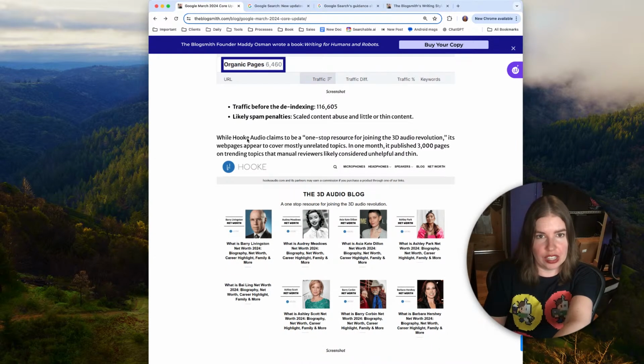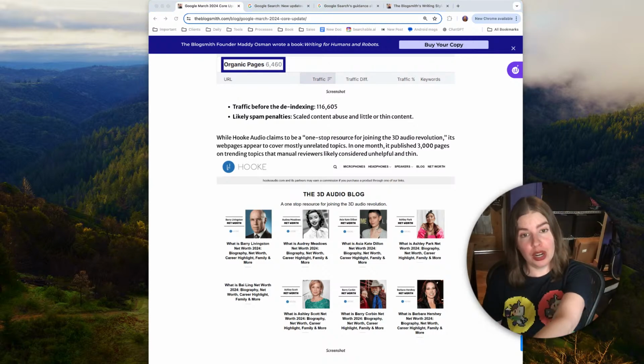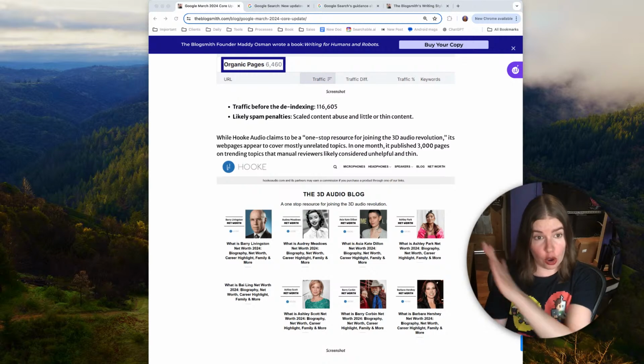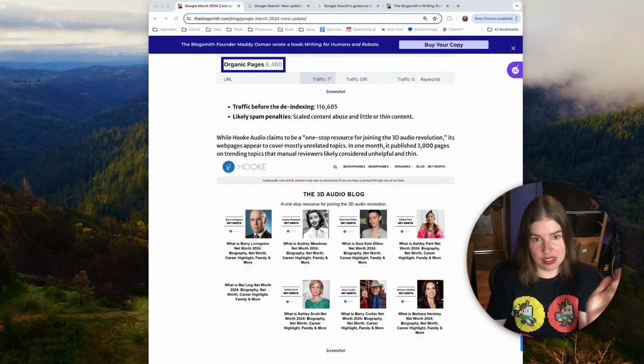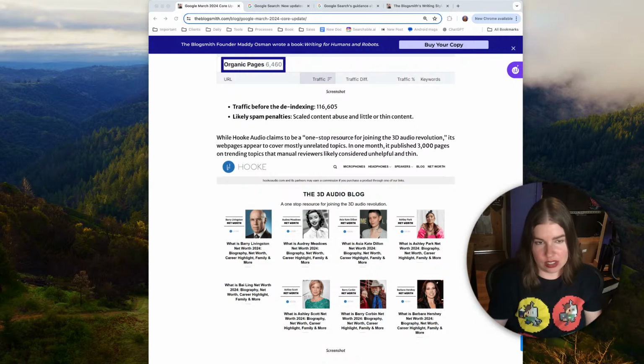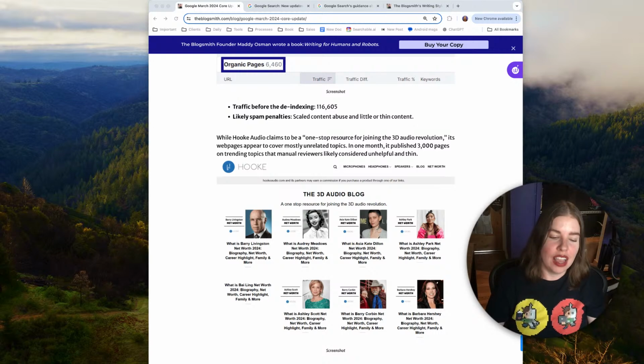Clearly, if Hook Audio is about 3D audio, which I'm going to be honest, I don't know what that is either, but if that's what they're about and they're publishing so far outside of what their actual focus is, celebrity stats or famous people stats, I think Google could figure that one out pretty easily.